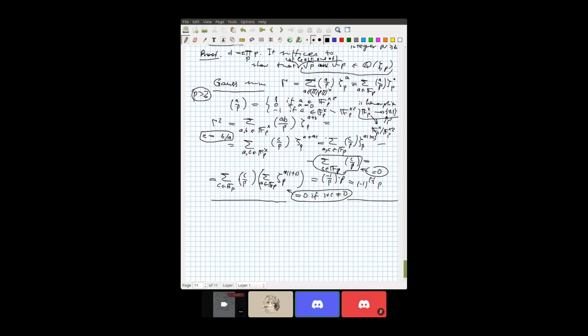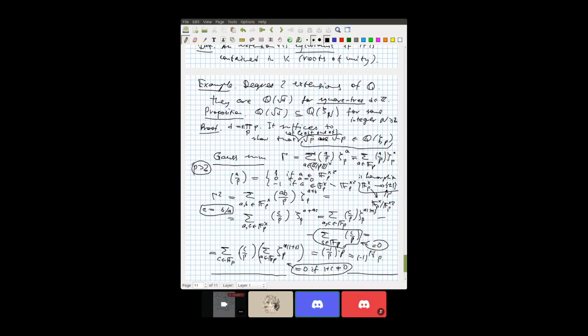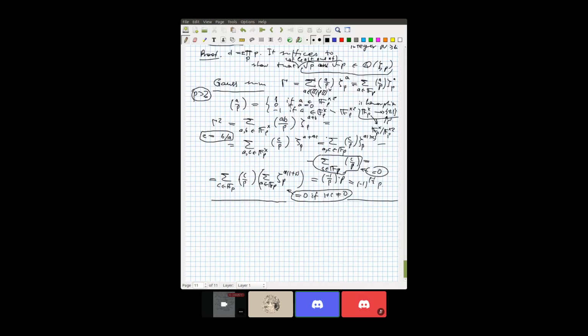So what about cubic extensions? Well, cyclic extensions of degree 3. Maybe it's not that easy, because you see that maybe the proof was rather explicit.